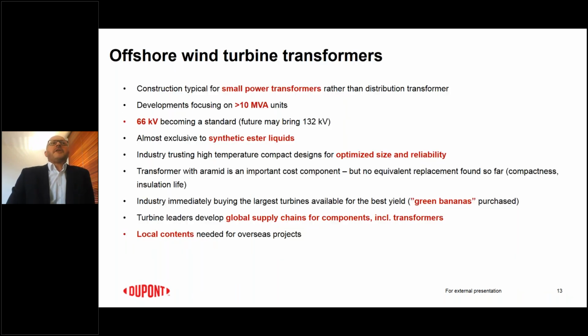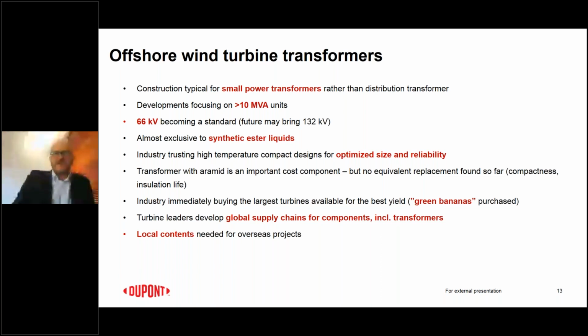And when looking a bit at the details of these large offshore wind turbine transformers, as I mentioned before, they are not distribution transformers anymore. They are more small power transformers, in the size of more than 10 MVA, now going beyond 15 MVA. The standard voltage in the offshore collector system becomes 66 kilovolt.